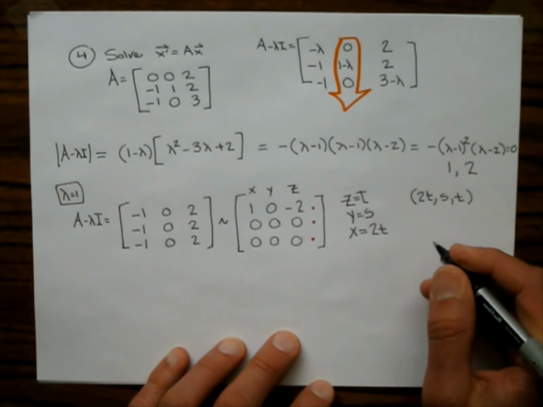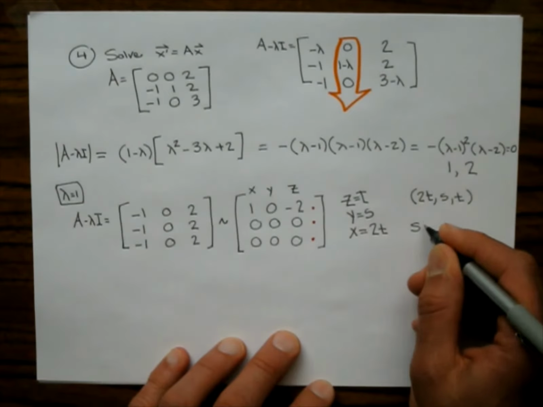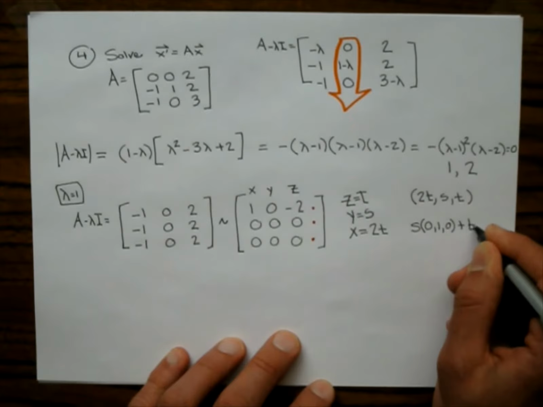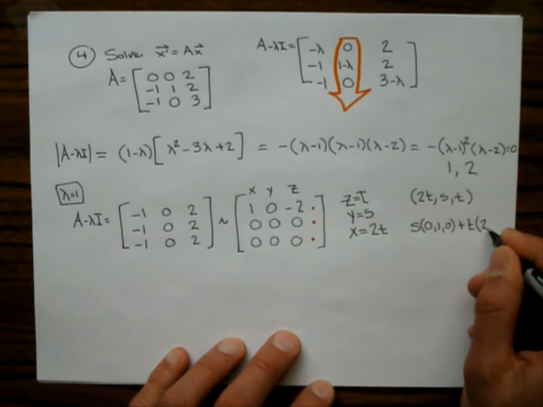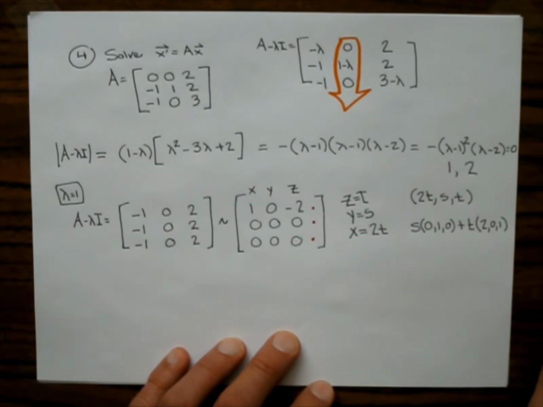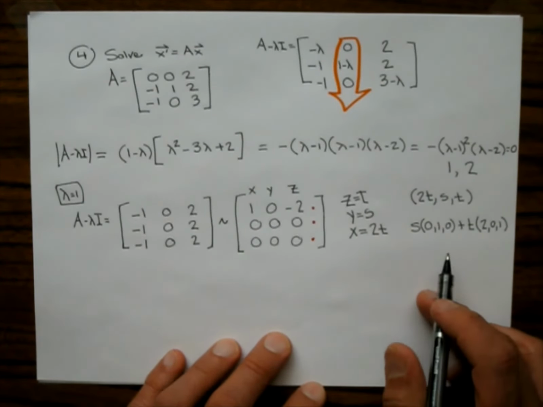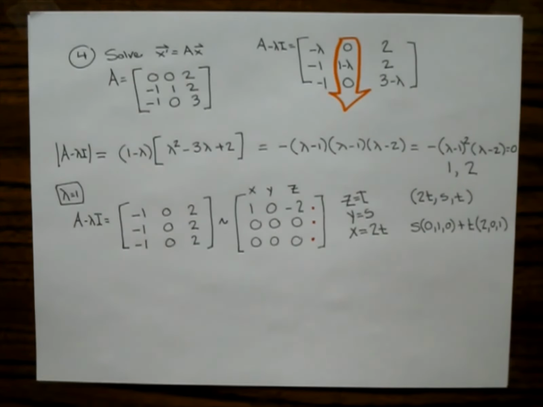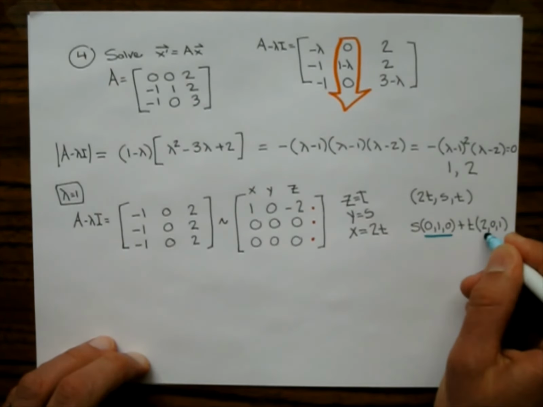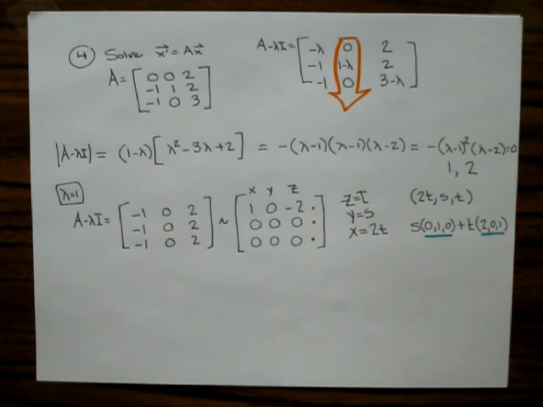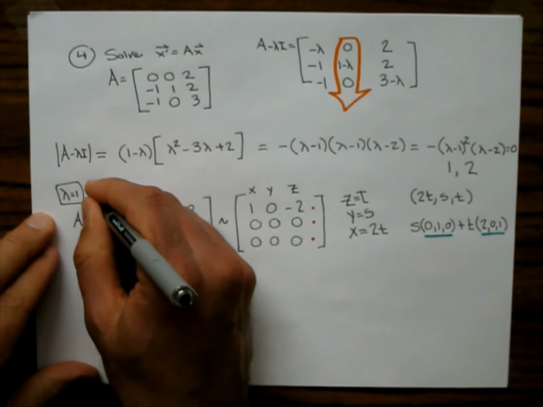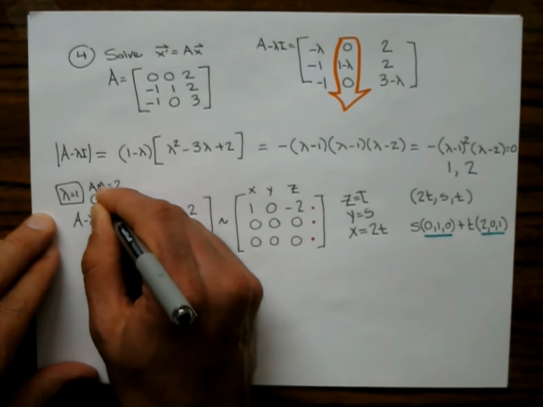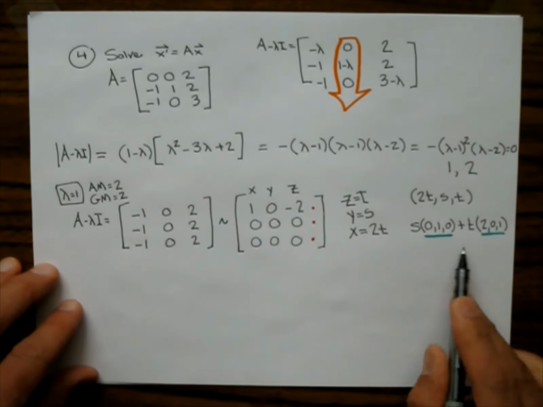I'll factor that: s times 0, 1, 0 plus t times 2, 0, 1, where s and t are not both 0. And it's these vectors that I'm after. In fact, we see with lambda equals 1, you have algebraic multiplicity of 2, and geometric multiplicity is also 2. So this is a good thing.